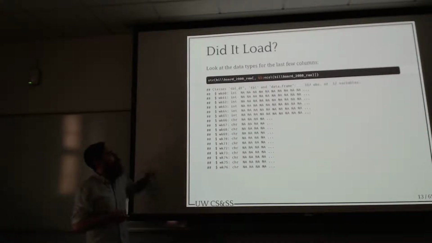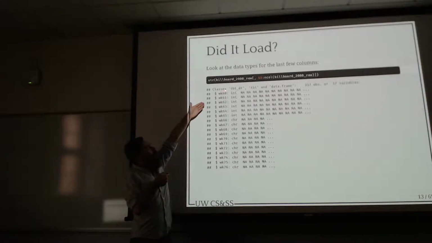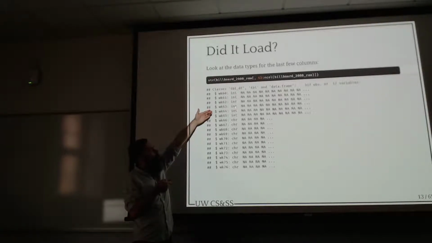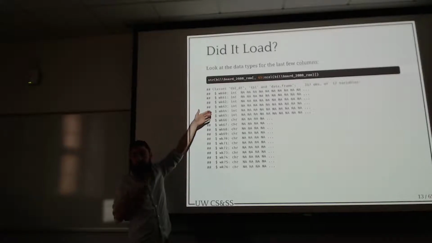We see here that week 60, week 61, 62, all the way through 65 loaded in as integer data. Well, suddenly, a column that should be exactly the same as the previous week ones loads in as character data. These week columns, which I haven't said yet, are what is that song's current rank on the Billboard 2000?